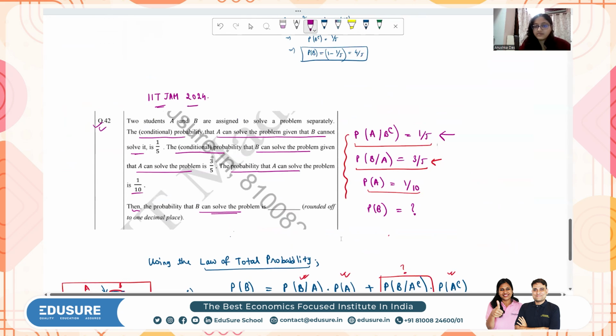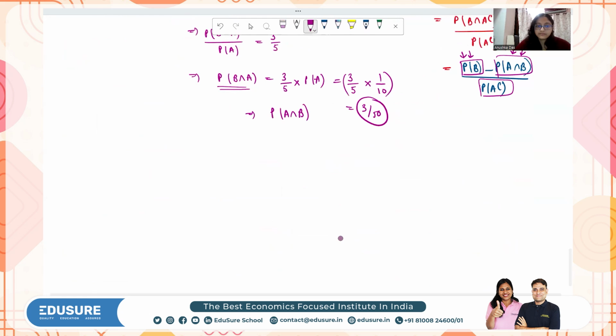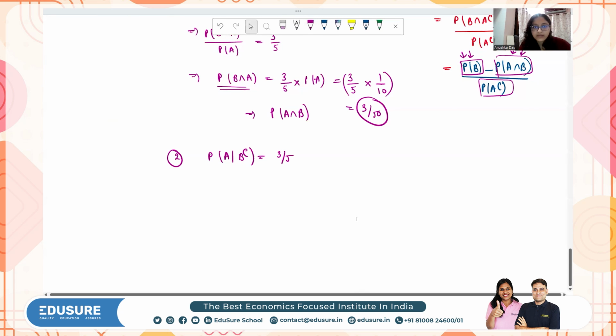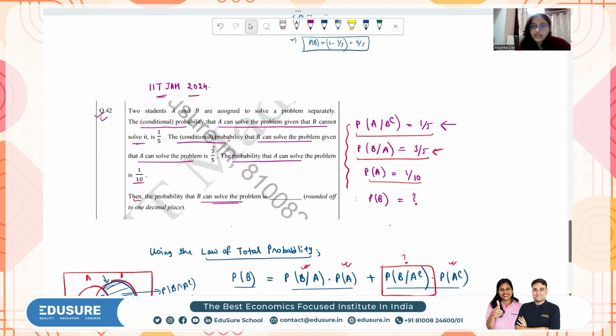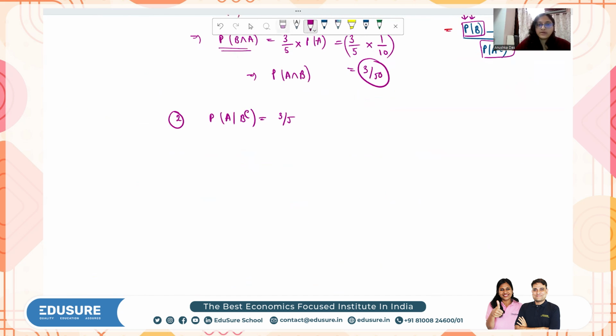That you will find out using this particular thing. Probability A given B complement is given to you as 1 upon 5. So again, simplify probability A intersection B complement upon probability B complement, which is given as 1 upon 5.